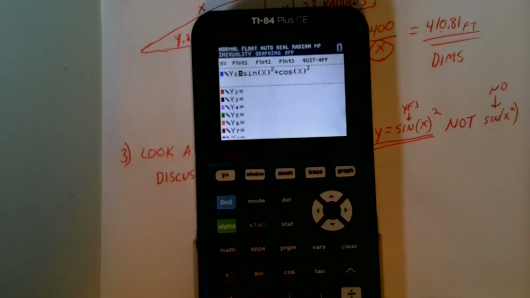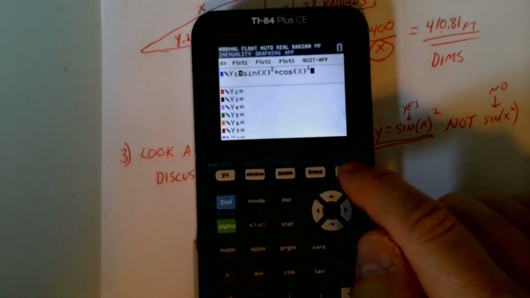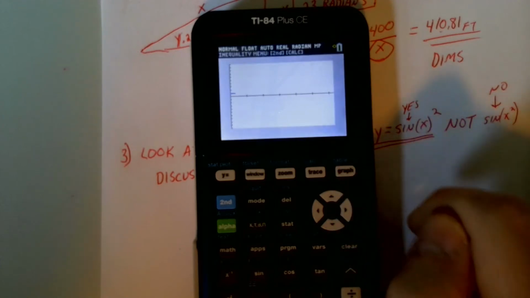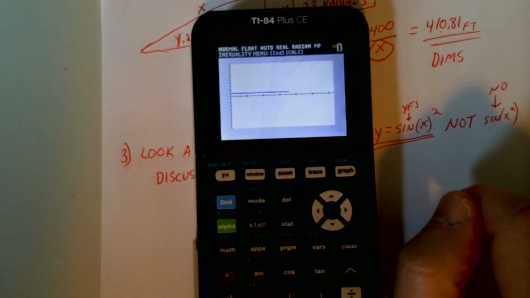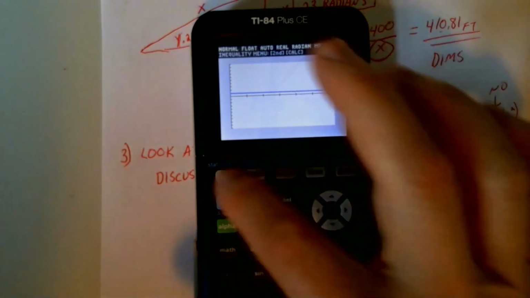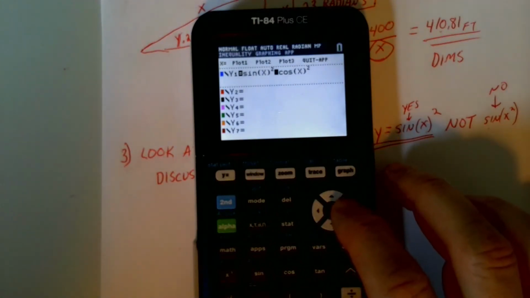Sine squared x plus cosine squared x. I think you guys remember this. It equals 1, right? So if you watch and I hit graph, you can see that it is a horizontal line at 1.